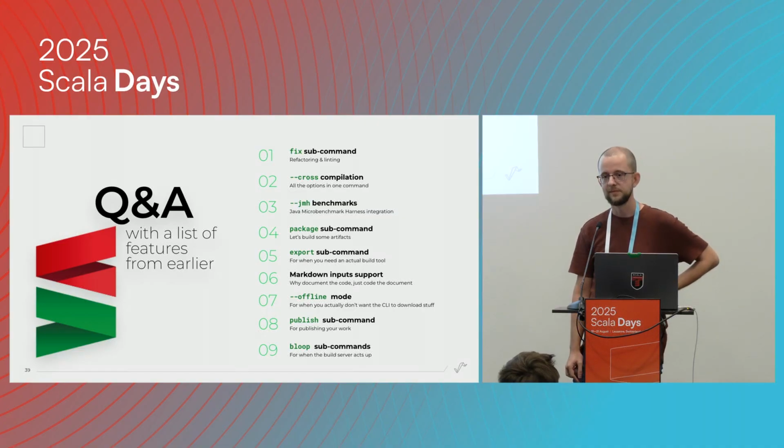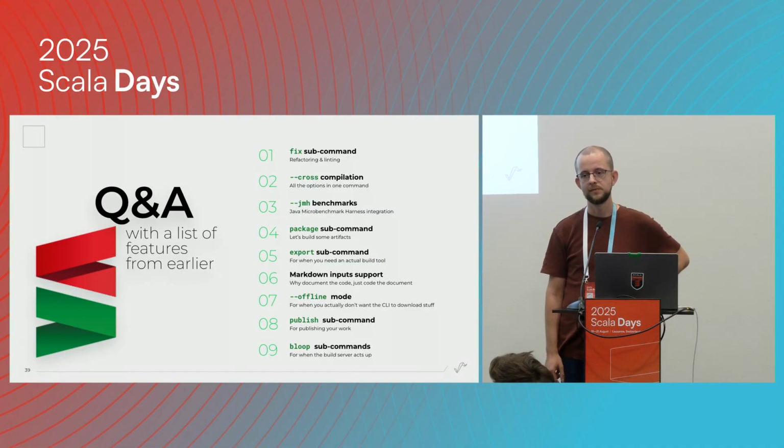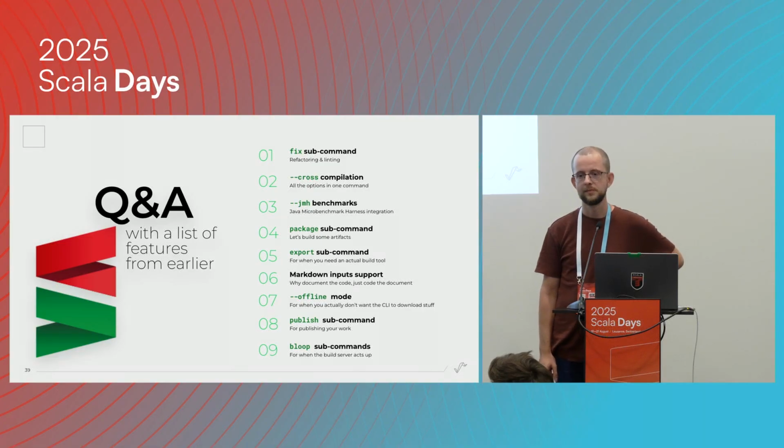Thank you for the talk. So my question is for the publish command. You have the options to specify the repository and the credentials and all these things to publish.